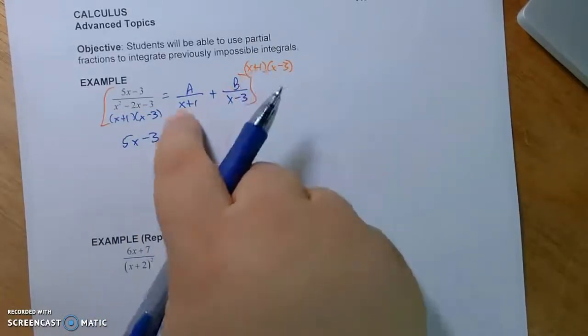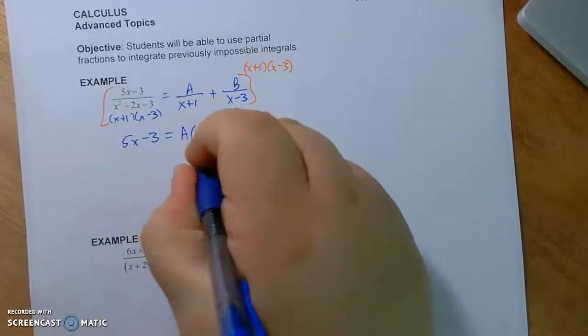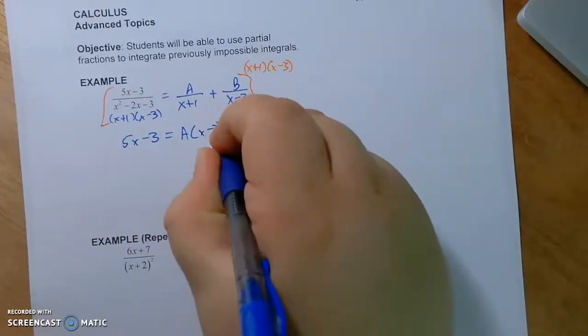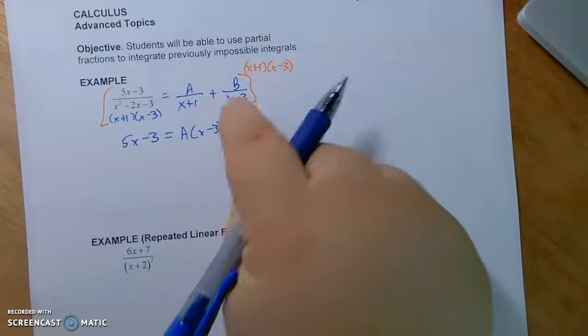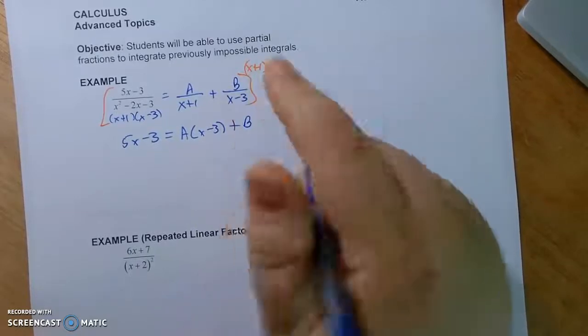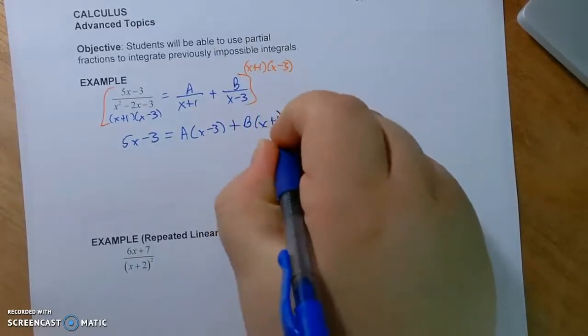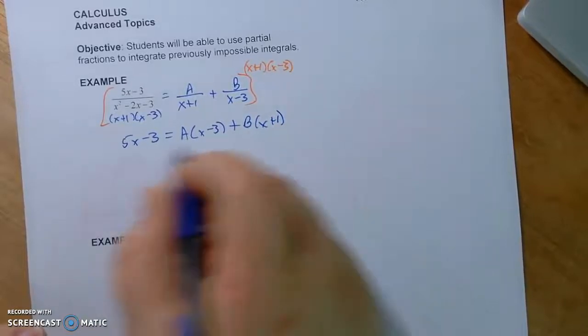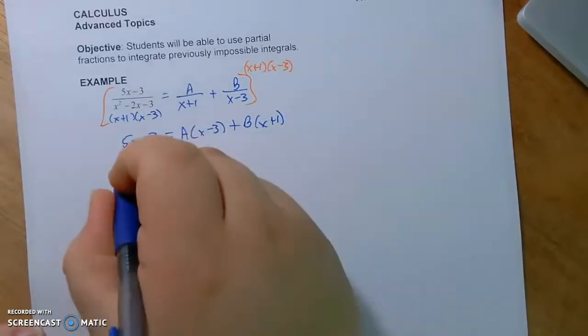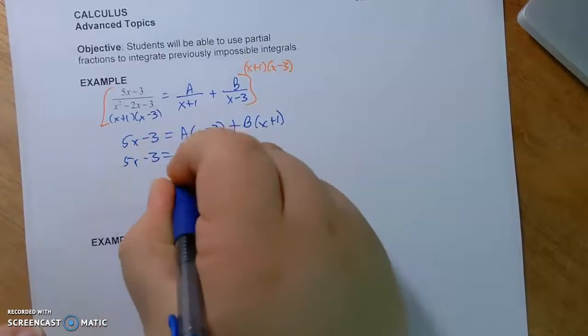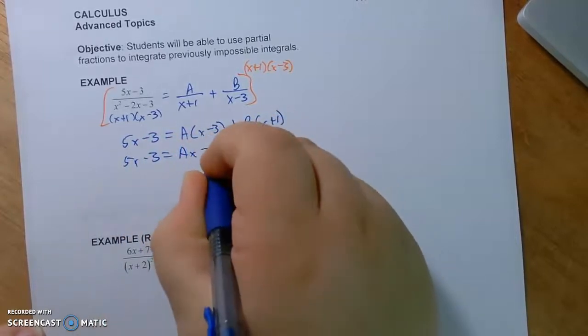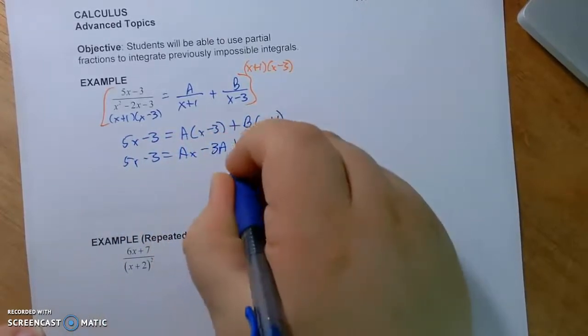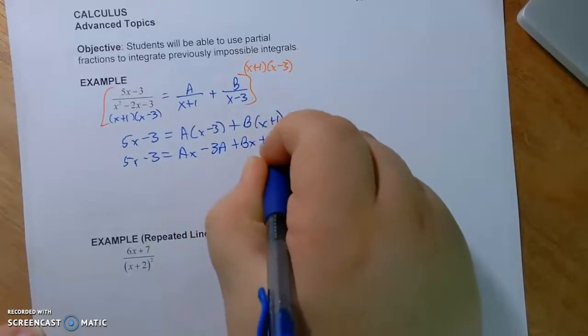Here, just the x plus 1 gets canceled, so we get A times what's left, which is x minus 3, plus B times, now the x minus 3's cancel, and we get x plus 1. Okay, if we simplify this just a little bit, we get Ax minus 3A plus Bx plus B.